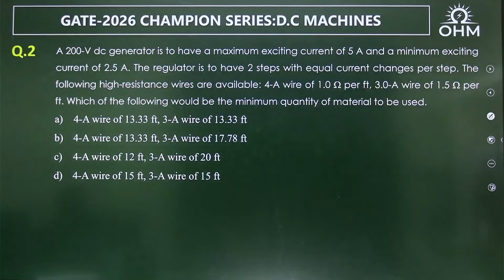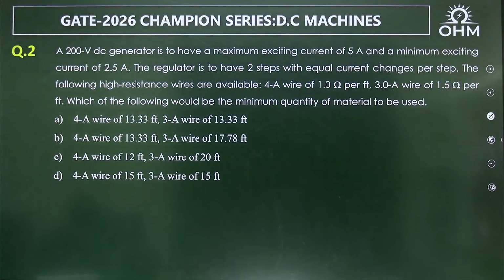This is quite a difficult question, I must say. So you have to think logically to answer it. I request all of you, please read this problem first. A 200 volt DC generator is to have a maximum excitation current of 5 ampere and minimum excitation current of 2.5 ampere.